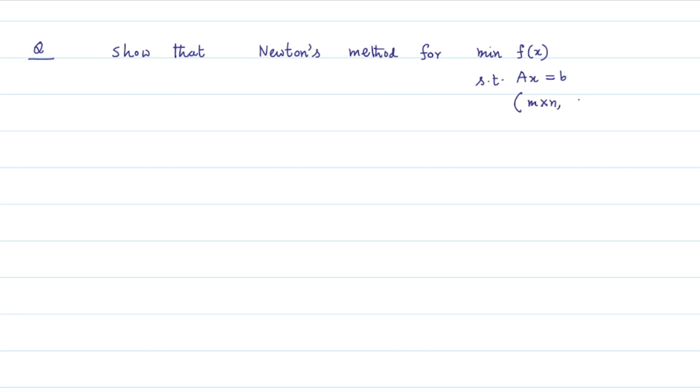I would like to mention this fact, that Newton's method for minimization of f x subject to A x is equal to b, where A is of order m by n, we assume m is less than equal to n, and A is of full rank, that is rank of A is equal to the number of rows.